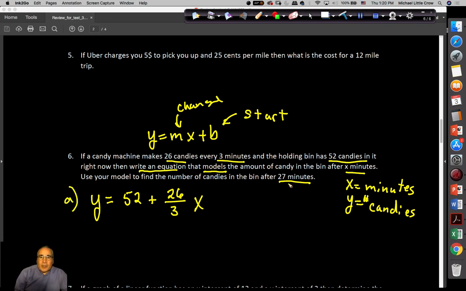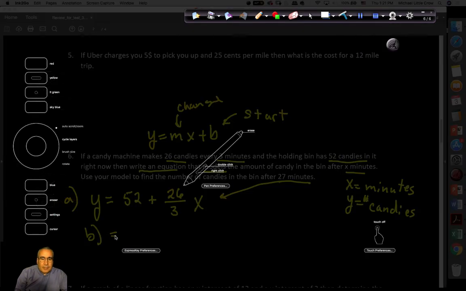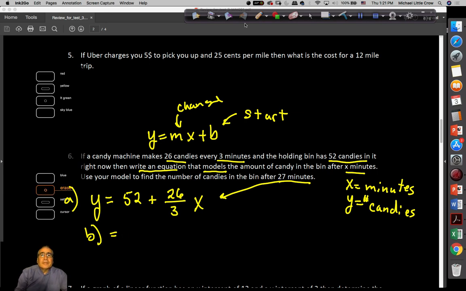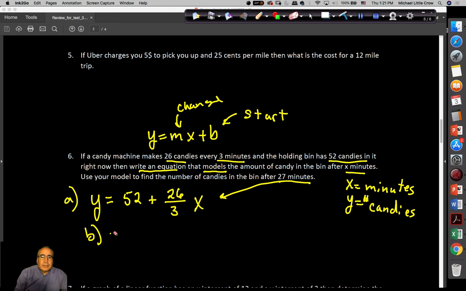The B part is, after 27 minutes, how many candies do we have? Well, that's taking 27 and plugging it in for x. So for the B part, we're going to have y equals 52 plus 26 over 3 times 27.